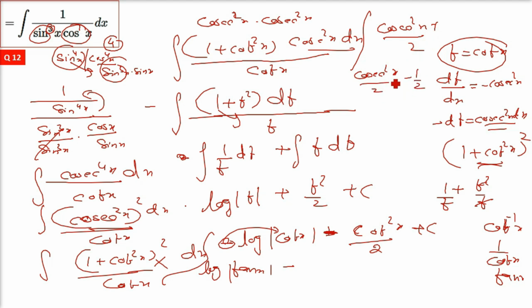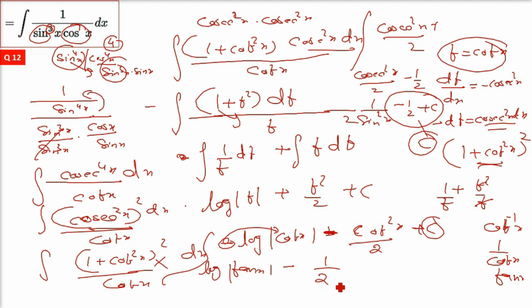Since 1 by sin x is cosec x, you can write cosec square x by 2 as 1 by 2 sin square x. This negative half will be combined with the constant of integration. Let us call it c prime or c complement. So the final result I am writing is log tan x minus 1 by 2 sin square x plus constant of integration. This is your final result.